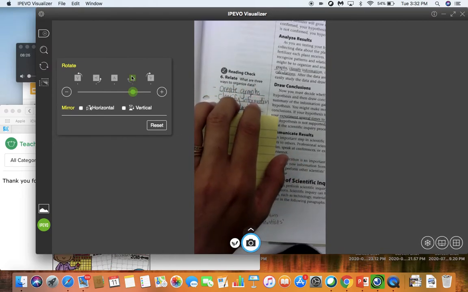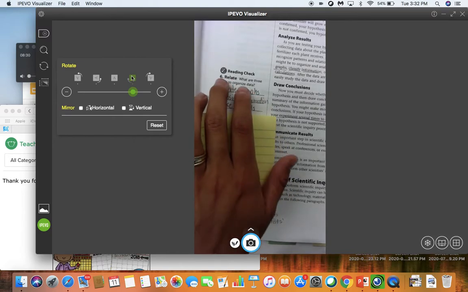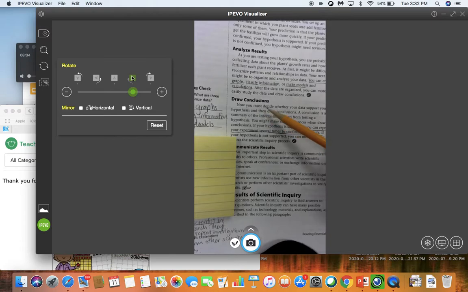All right. Drawing a conclusion. It says, now you must decide whether your data supports your hypothesis. Did the fertilizer support our hypothesis? It says a conclusion is a summary of the information gained from testing your hypothesis. You might make more inferences when you're drawing conclusions.